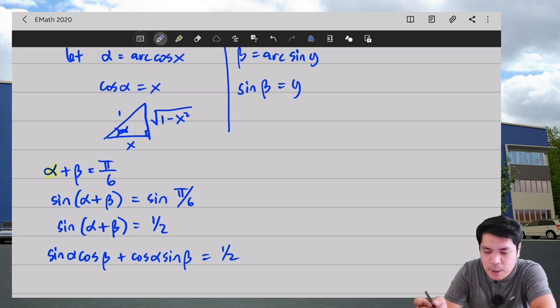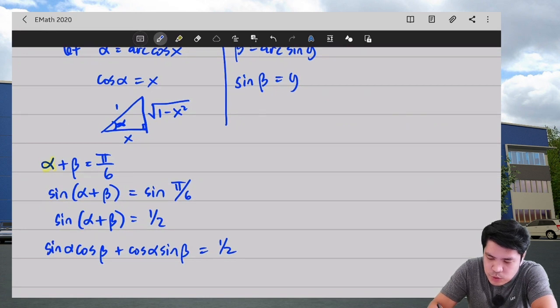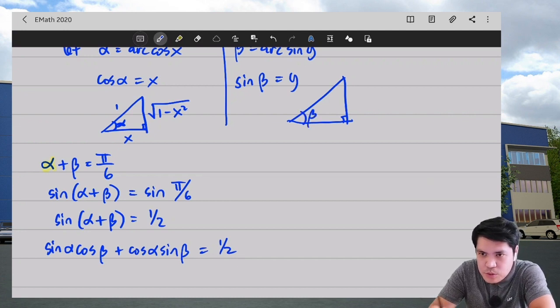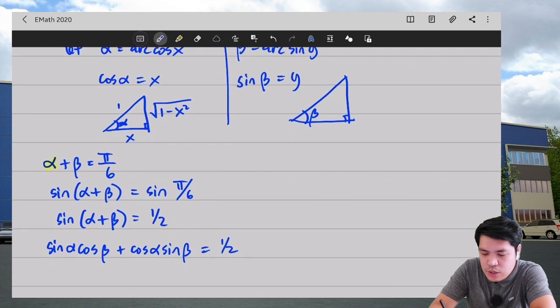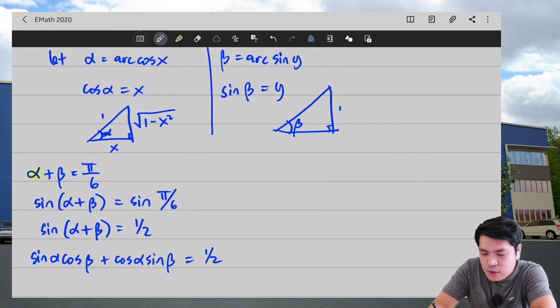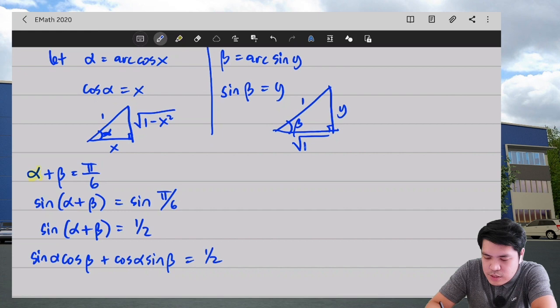Right? Let's do the same with sine beta. So let's draw a right triangle in which the angle is beta. Sine is opposite over hypotenuse. So that means the opposite of beta is y and hypotenuse is 1, because we have y over 1. So therefore, the adjacent side is the square root of 1 squared minus y squared.